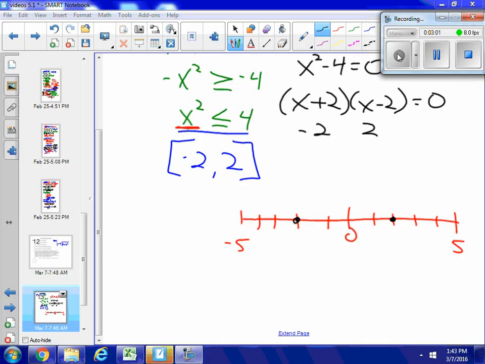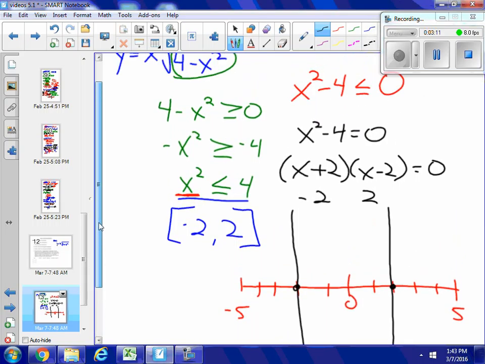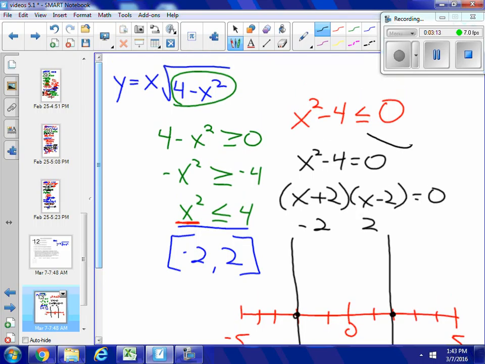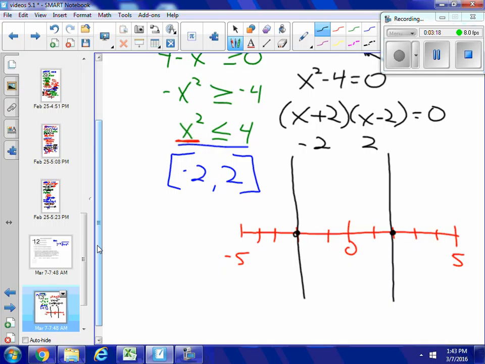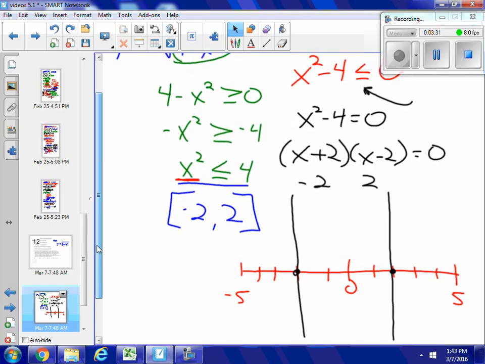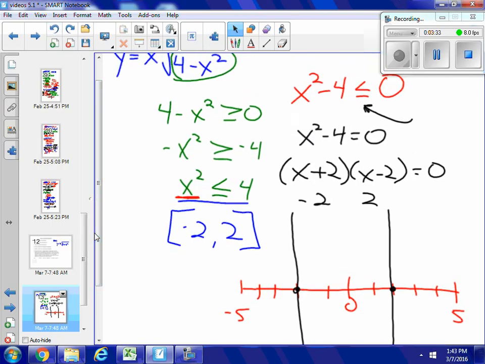And what that does is it divides my number line into 3 intervals, because the only place that I can possibly change from being greater than 0 to less than 0 is at a 0. If I'm moving along the function here, the only place it can possibly change is when I hit a 0. So now all I need to do is test my inequality in each of these 3 intervals.